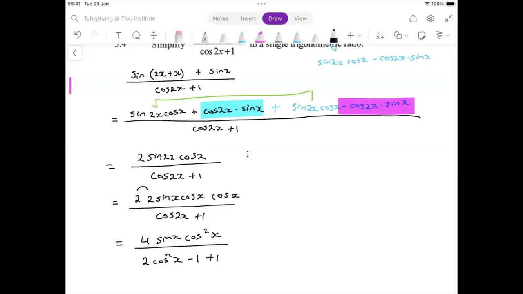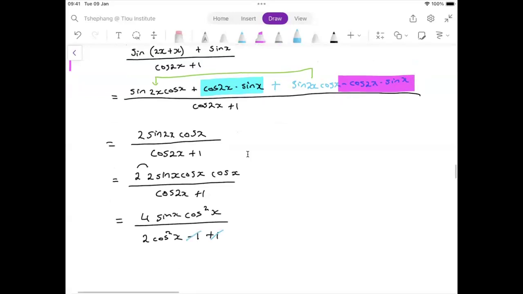That's the double angle for cos. Now we know that the negative 1 and positive 1 deal with each other. Then up there, 4 divided by 2, we're just going to have 2. Now cos squared x and cos squared x deal with each other. Then we are simply left with sine x. So 2 sine x is your final answer.